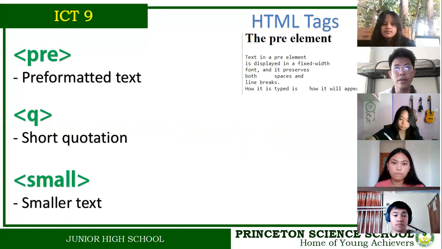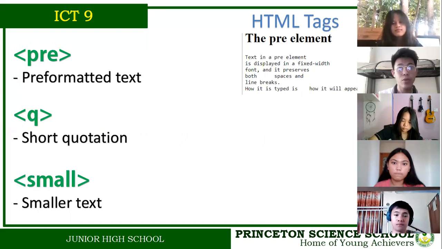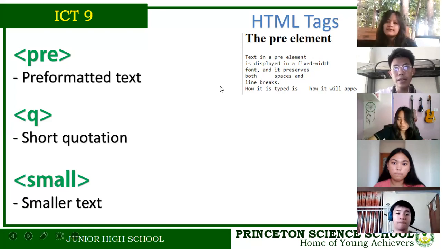For example, like what it said here in the example, how it is typed is how it will appear. Like for example, you type in the HTML code that your paragraph has a certain length. That certain length is how it will appear on the web page. Okay, so that is for the pre tag.